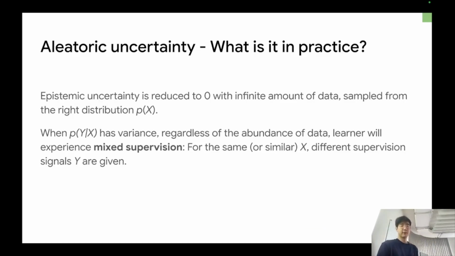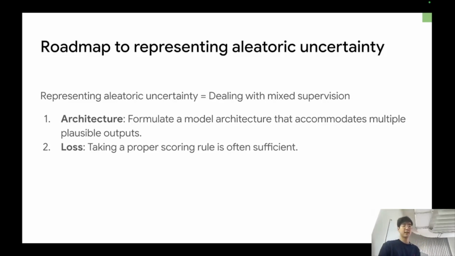So again, this is telling you that it's all about mixed supervision. And for addressing this, we need to take care of two things. One is architecture. You need to introduce an architecture for your deep neural network that is potentially making multiple predictions instead of committing to a single prediction. And the second is a loss function, which is encouraging all these different hypotheses or different outputs from the model to make sense, to basically follow the distribution of P of y given x.